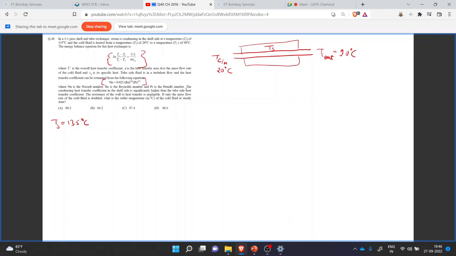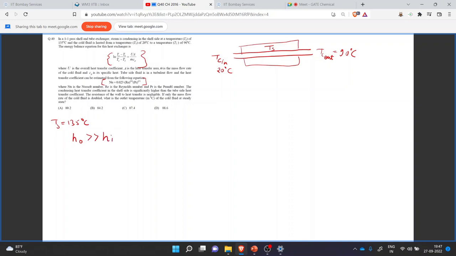We have also been told that the condensing heat transfer coefficient on the shell side is significantly higher than the tube side heat transfer coefficient. So the shell side heat transfer coefficient, based on the outer side of the tube, we call it h0, and it is significantly higher than the tube side heat transfer coefficient, hi.